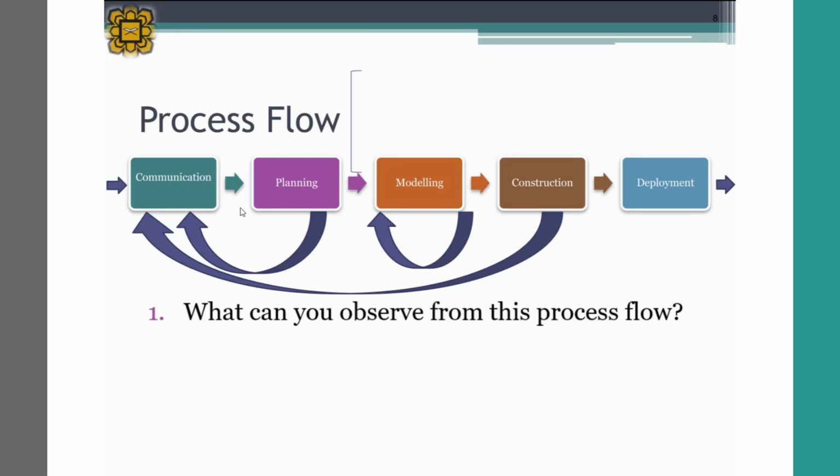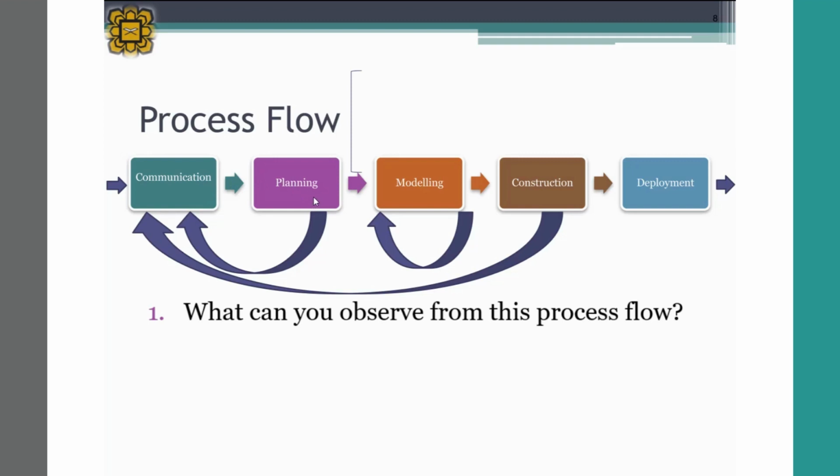Now you can see that in addition to the arrows that are linear or sequential, some arrows are going back to the previous process. Okay, or we call it iterate. You iterate back to the previous process, or iterate to the same process. For example, here we go from communication to planning.